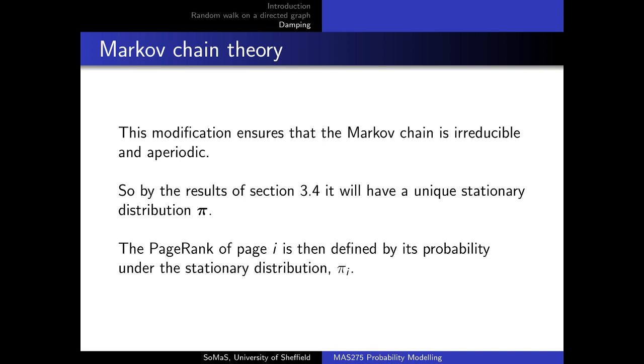Starting again from a random page means you can start again from the same page. So if you're not moving, then you're aperiodic, and irreducible because I can go from anywhere to anywhere with a positive probability. And so by the theorem of Markov chains, we know that there's a unique stationary distribution pi, and we can use it to define the PageRank.